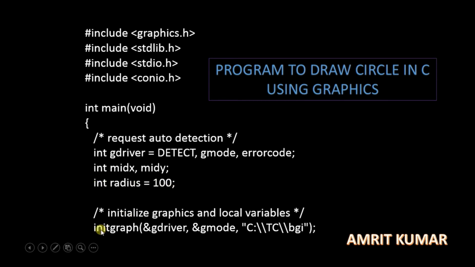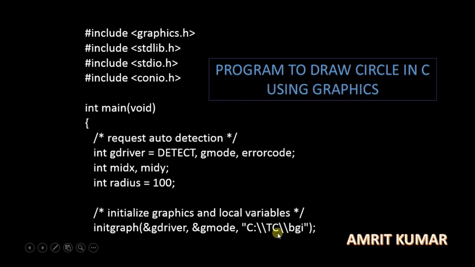Finally, I am initializing the graphics and the local variables. This is how you can initialize the graphics with the help of the initgraph function, which is used to initialize the graphics in C language. In the initgraph function I am passing the address of gdriver and gmode.